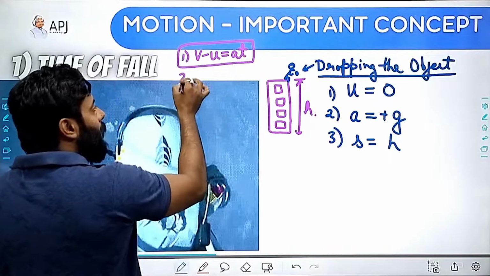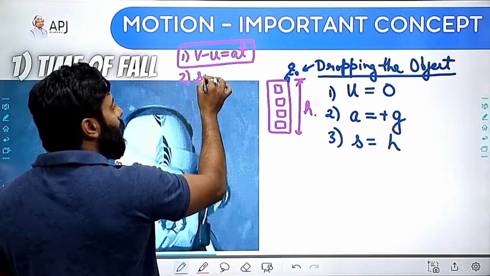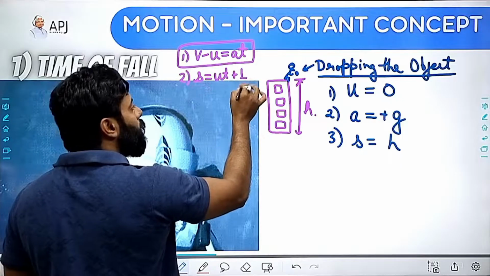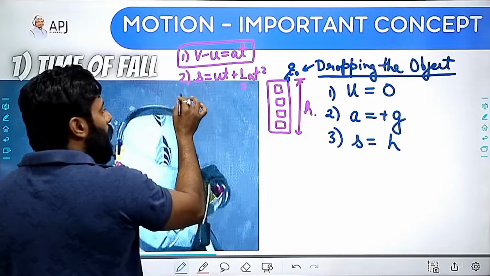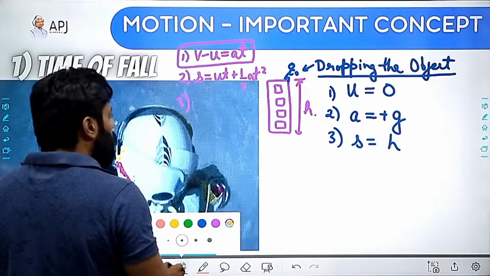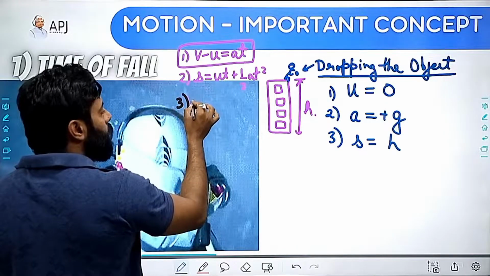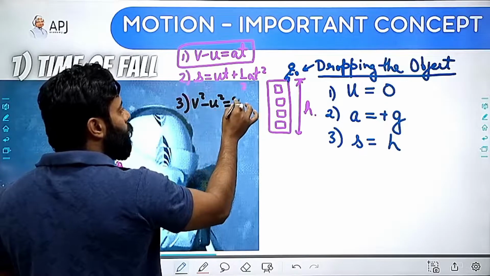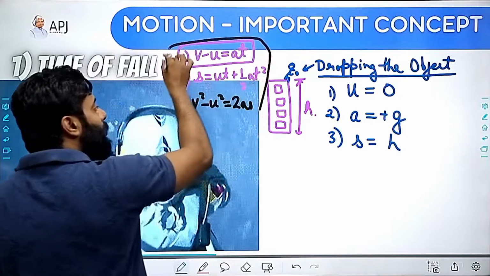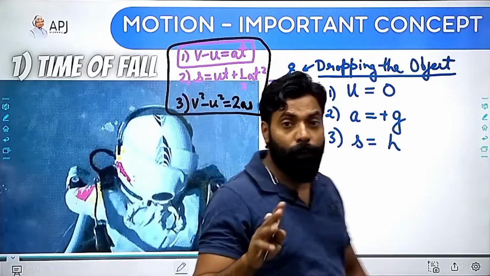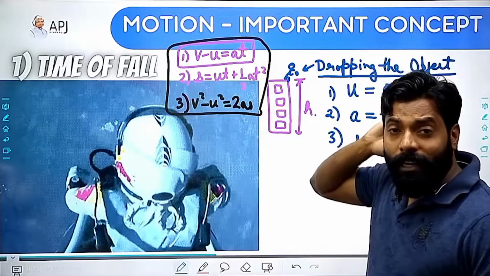The second statement tells us that s is equals to ut plus half at square. The third and the most important statement tells us that v square minus u square is equals to 2as.